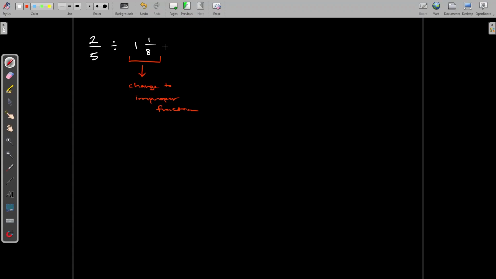So changing 1 and 1 over 8 to an improper fraction, what do we get? 9 over 8.